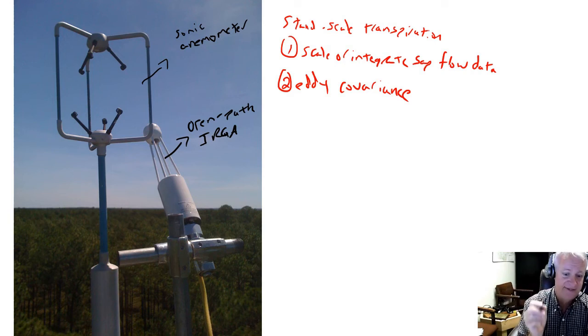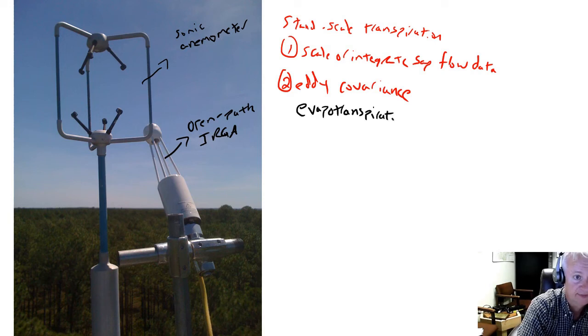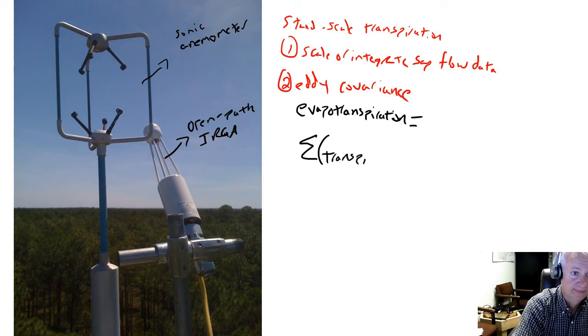Now, note that I said evapotranspiration. This measures evapotranspiration, which is not just transpiration. So it's evapotranspiration, which basically is the sum of transpiration of plants plus evaporation from surfaces.